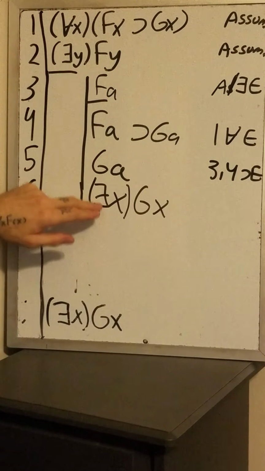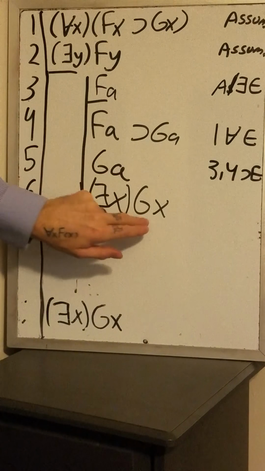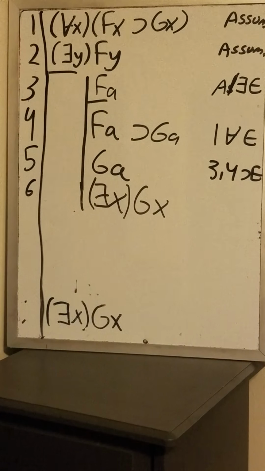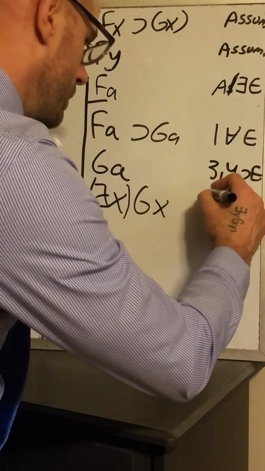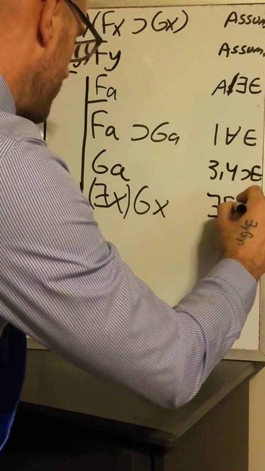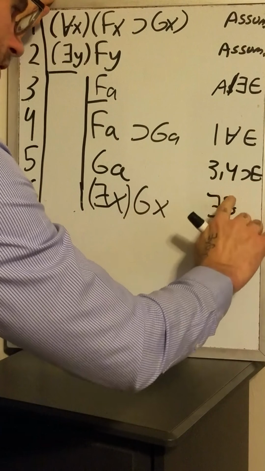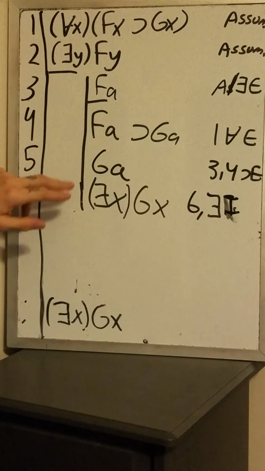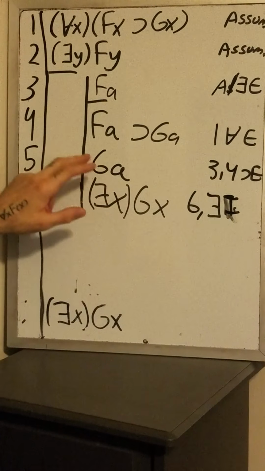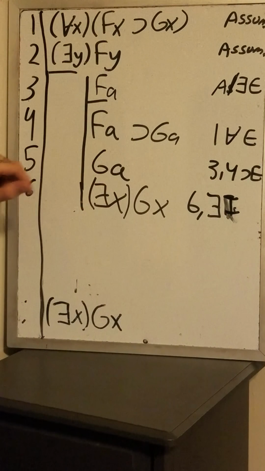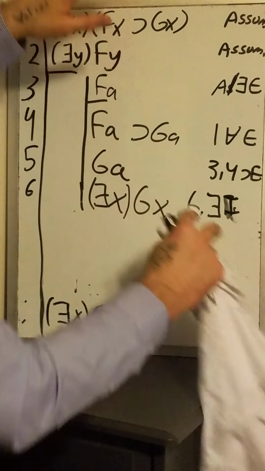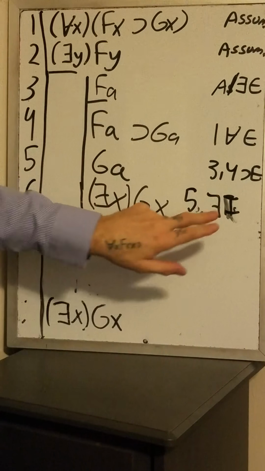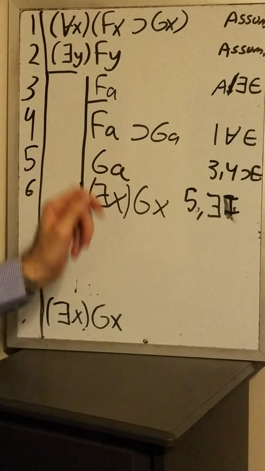But what we can do is this. We know that if A is G, then something is G. And now we've taken out the constant that we started with. That's existential introduction, line 5, because we're adding an existential to line 5.